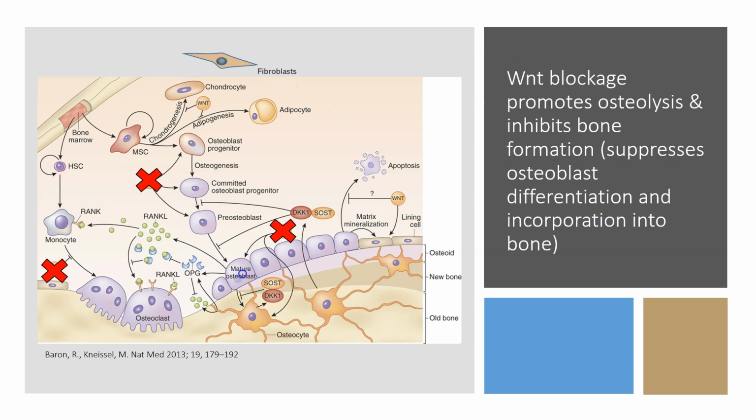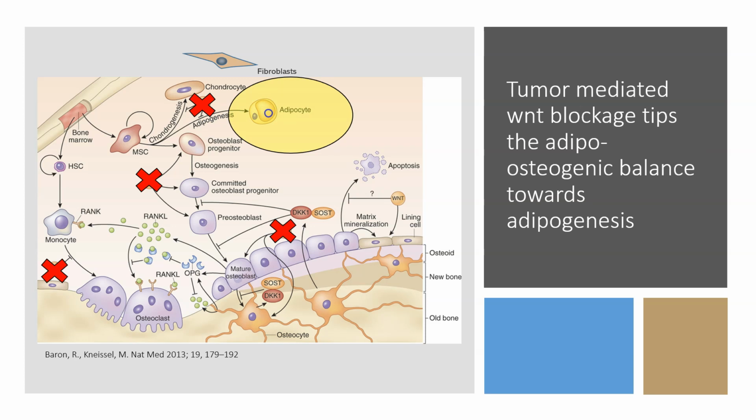But you'll also notice that the Wnt pathway normally stops the maturation of mesenchymal stem cells towards adipocytes. Now, if you block this pathway and you take away the brake, then the mesenchymal stem cell becomes adipocytes. And that is what explains the increased adipocytes together with osteolysis in multiple myeloma without any remodeling from osteoblasts.